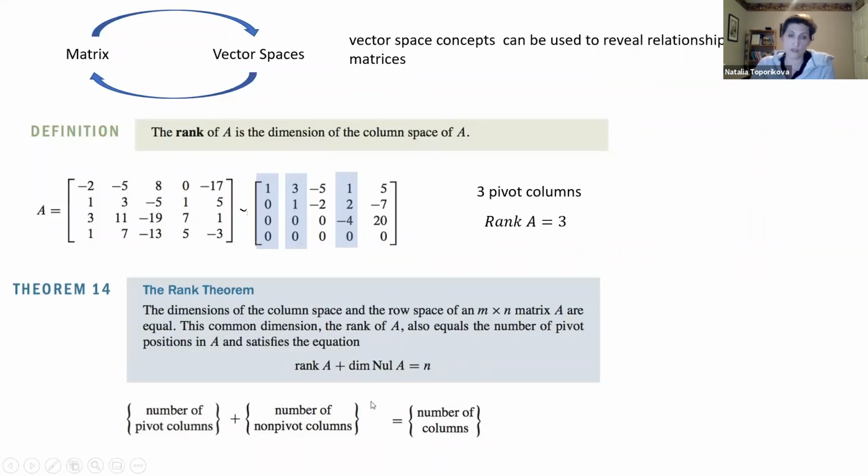But of course, it's a shortcut, so please go back to the chapter and read the full proof of this theorem. Okay, so I think although simple, it's a very useful result for the future. We finally found a use of the vector space concept and how it can help us to understand matrices more deeply.